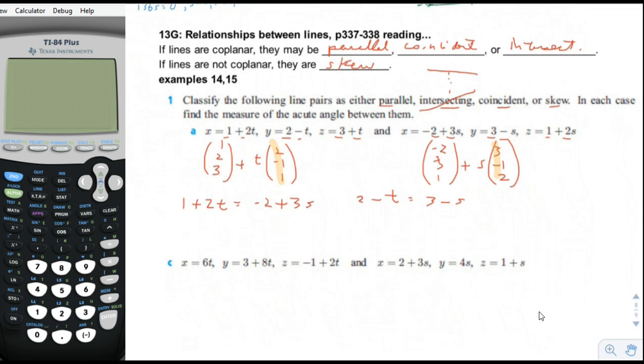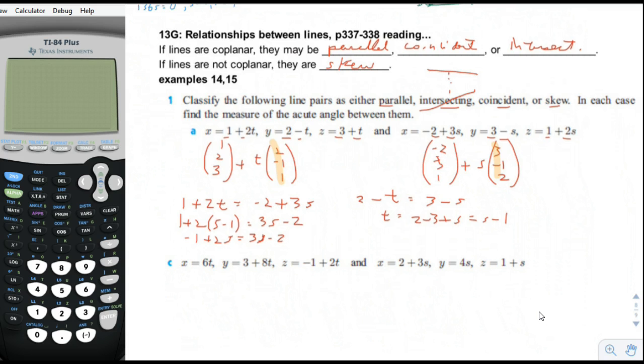Okay, so t equals 2 minus 3 plus s, s minus 1. So t equals s minus 1. So 1 plus 2 times (s minus 1) equals 3s minus 2. 1 plus 2s minus 2, which is -1 plus 2s, equals 3s minus 2.